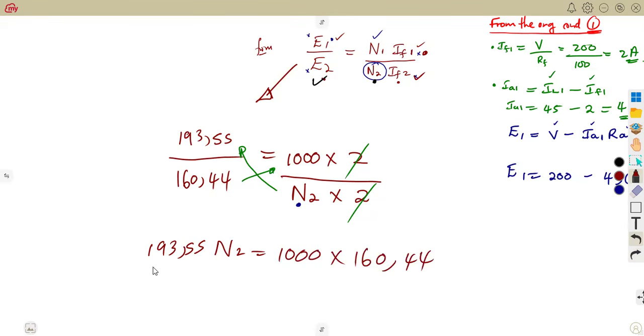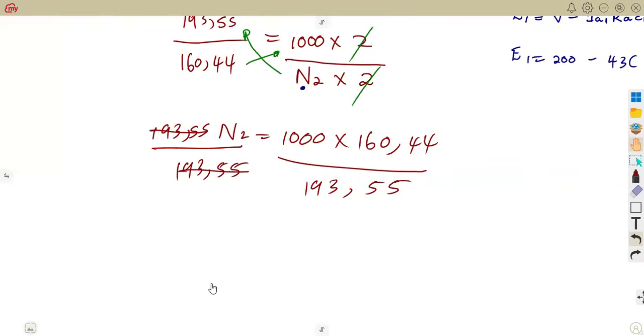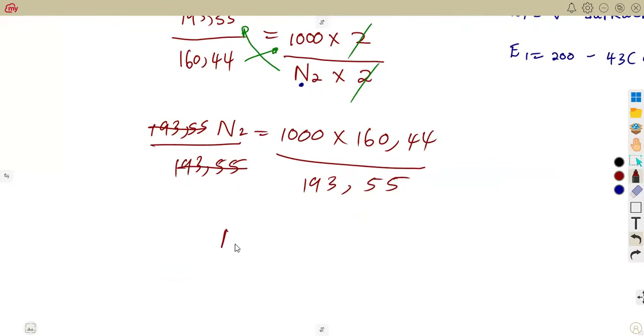We need this N2, so it's simply going to divide by 193.55, and divide also here by 193.55, so that these two can cancel and you obtain your N2, which is the speed. So that is our N2. Dividing and simplifying all that, you're going to obtain the speed of 828.933 revs per minute, as we had everything before in revs per minute.